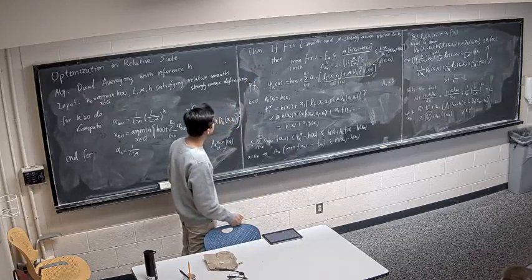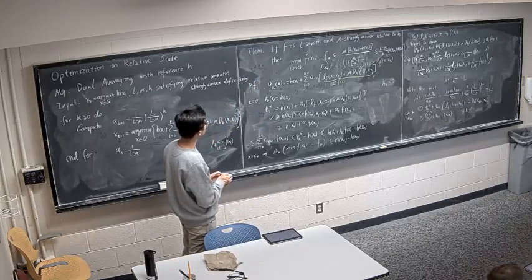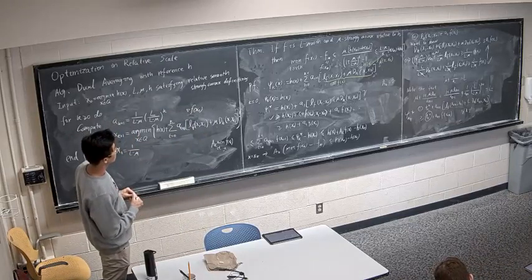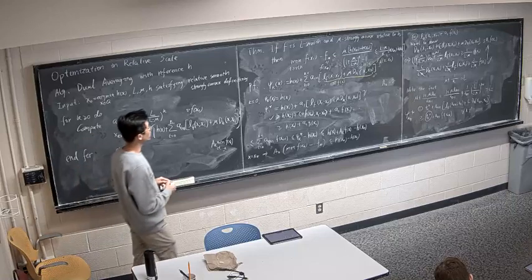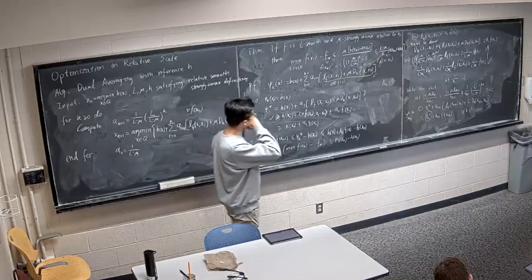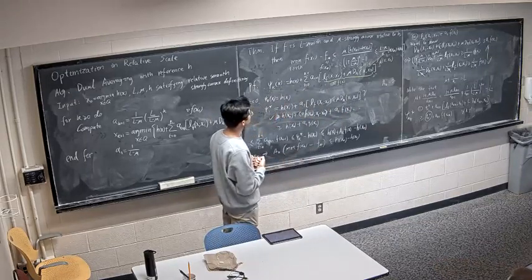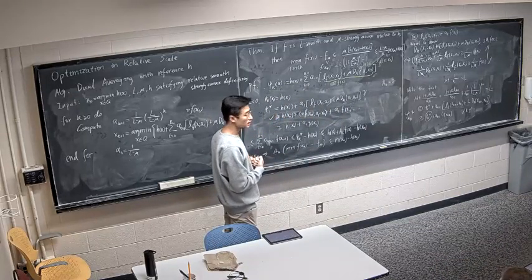Okay, so this gives you the convergence rate if you use the dual averaging. It should be the same convergence rate. And also, let's see what it reduces to when we take h to be the Euclidean distance.